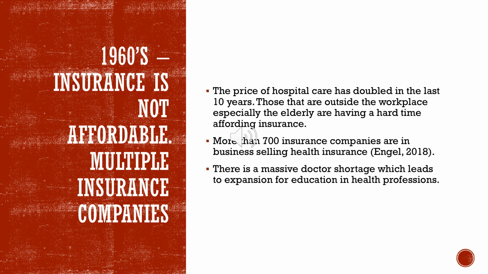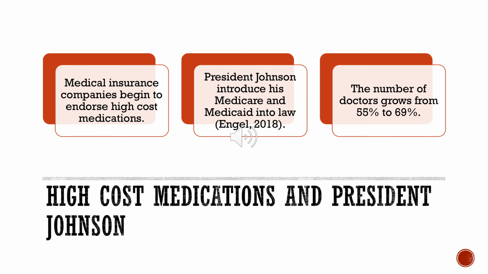And also at this point, there's a massive doctor shortage, which is leading to the expansion for education and health professions. Also, we're starting to see high cost of medications, and President Johnson comes into administration.